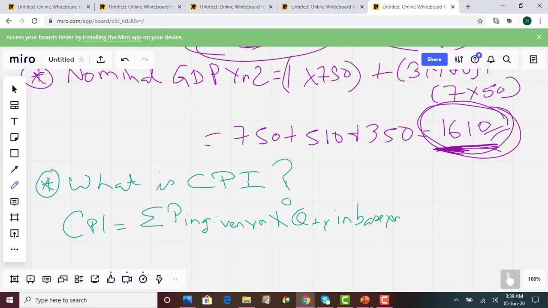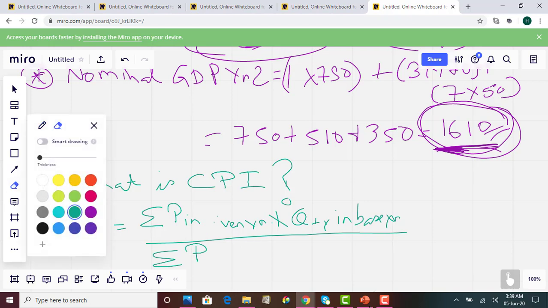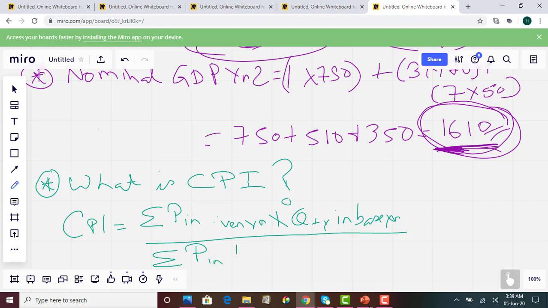That is divided by the summation of price in base year multiplied by quantity in base year. This whole thing is multiplied by 100 because this is a percentage. So we now know this formula.